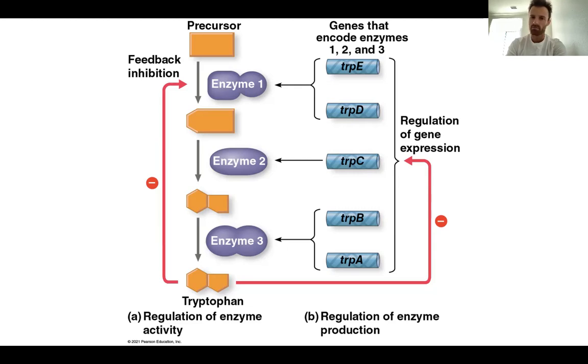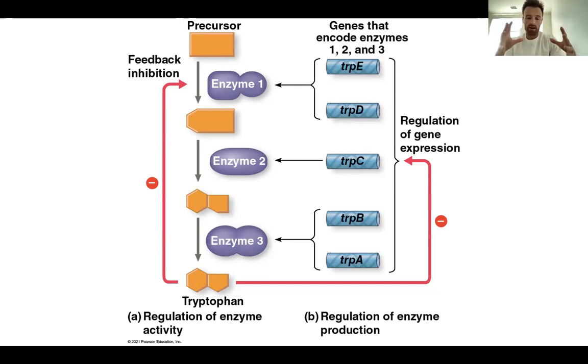Now, as you see, these are the genes, trpE, D, C, B, A, all these separate genes that are right next to each other in this trp operon, we call it. They code for these enzymes. If you see 2 genes, then the enzyme has multiple components that come together to form the entire enzymatic complex.